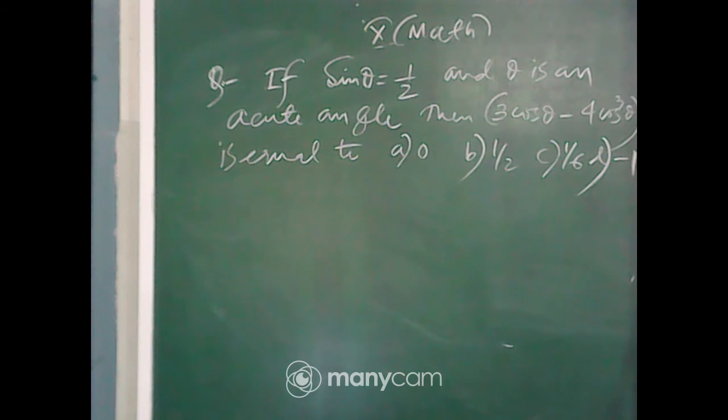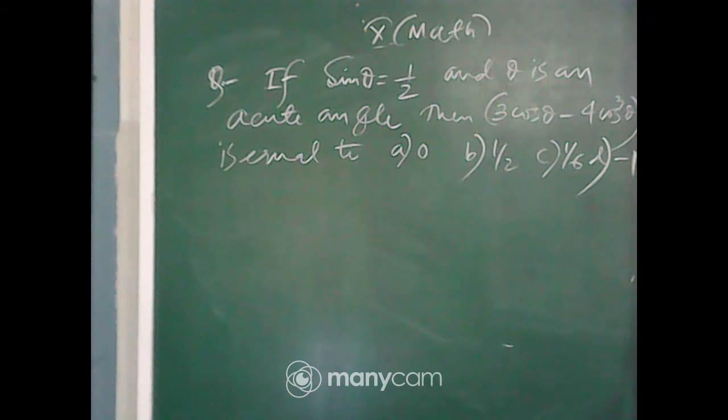Here sin theta is given as 1/2 and theta is an acute angle, that means it lies in the first quadrant, so all the values of sine and cos are positive. Now tell me the value of 3 cos theta minus 4 cos cube theta. Asmita is saying option A, that is 0.